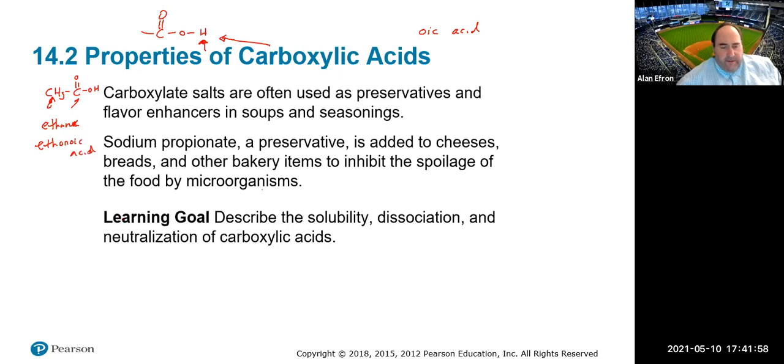Now, a couple things with naming our carboxylic acids: because this group always has to be at the end, unlike a lot of functional groups, we don't have to give the location of that carbon-oxygen double bond, like we do in a ketone, or if we have a double bond or triple bond. So we don't have to do the numbering part in the name, but it's important, as we talked about last time, that this carbon here will always be carbon number 1 for purposes of numbering other groups that are attached there.